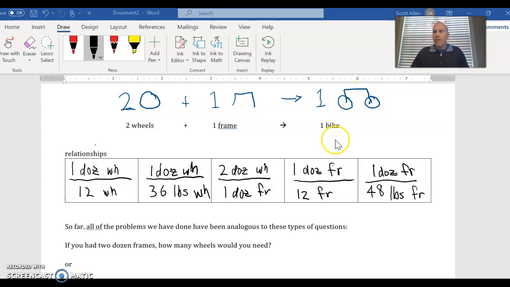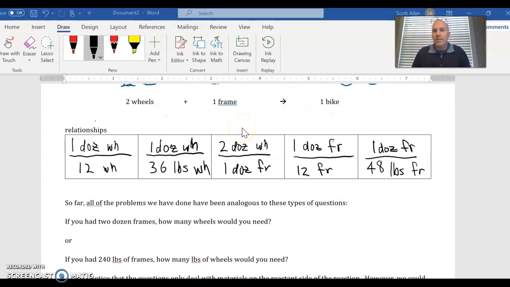But I think we know that we could ask questions that would involve that. For example, if you have 10 wheels, how many bikes could you make? Or if you had 7 frames, how many bikes could you make? Those would be fairly easy questions because we understand the ratios between these.